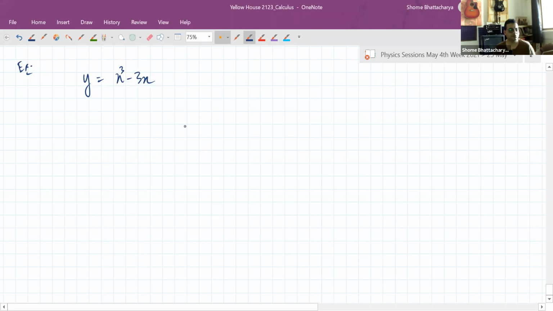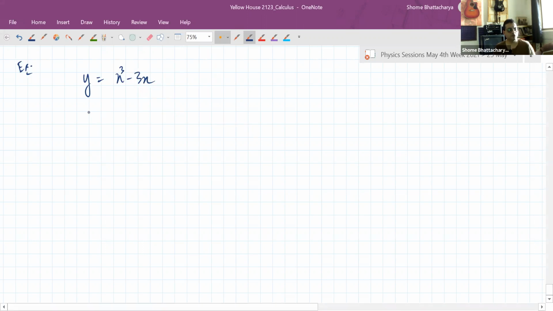Whereas the moment x becomes larger than a certain value, like 2 or 5, the cubic term is dominating, so it's becoming an increasing function. So this function should have a dual nature.